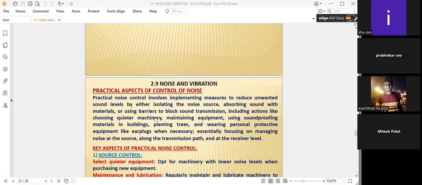That means when selecting machinery, you have to see that it has less vibration and less noise. Maintaining equipment is also important, because the shelf life of the spares as well as the equipment life will increase if maintenance is scheduled. Other measures include using soundproofing materials in buildings, planting trees, and wearing personal protective equipment like earplugs when necessary.